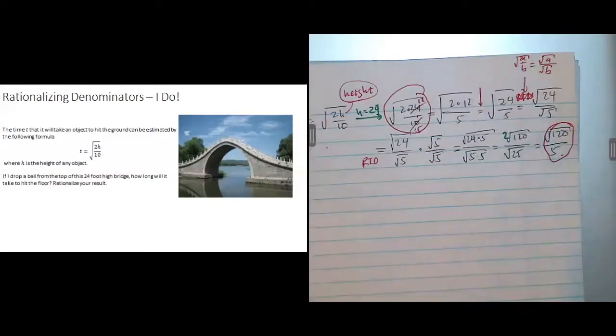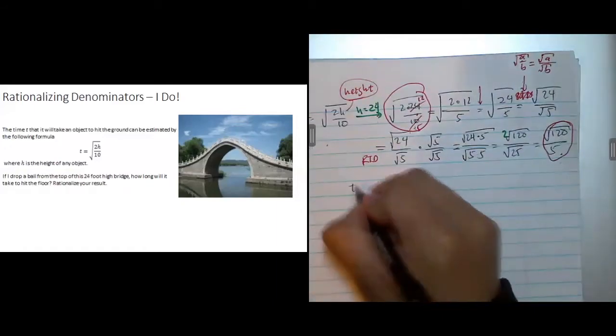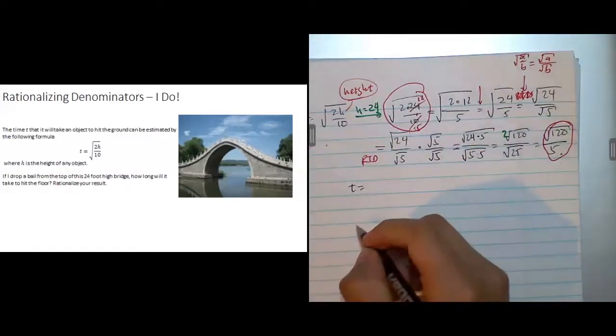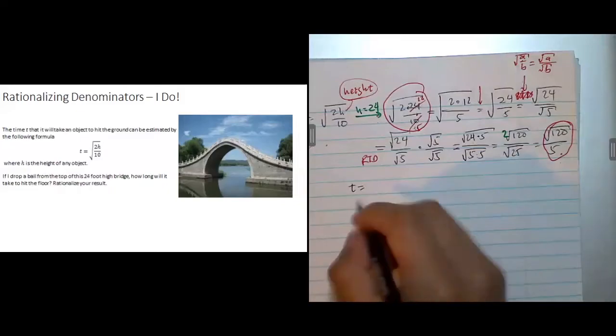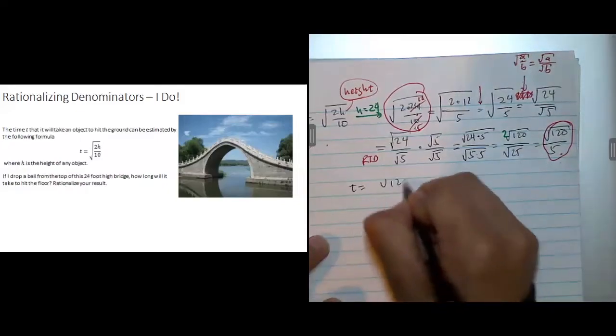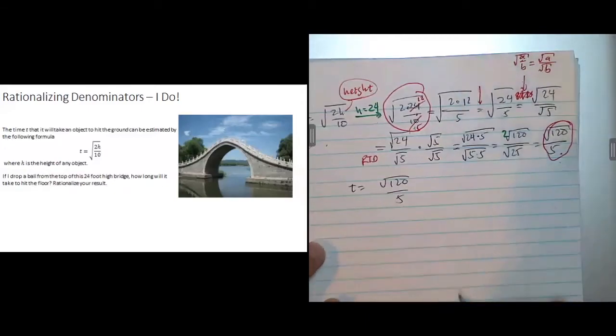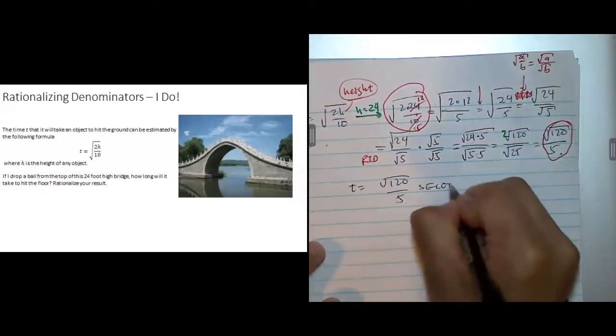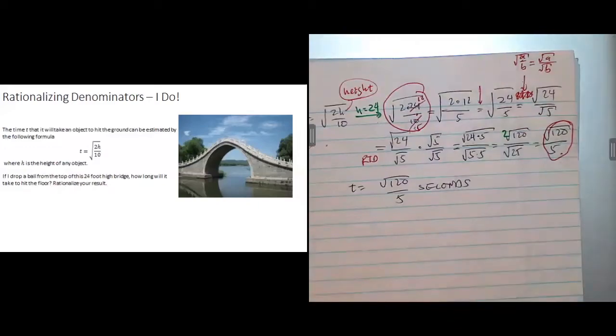So the time that it takes for the ball to hit the floor is the square root of 120 over 5 seconds. Let's go to the next problem.